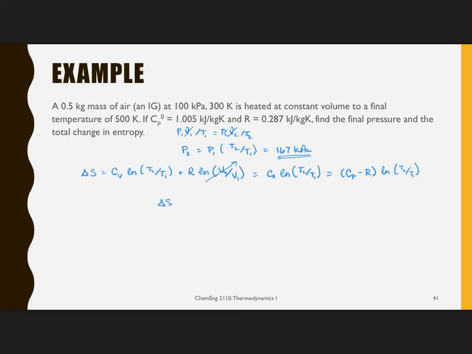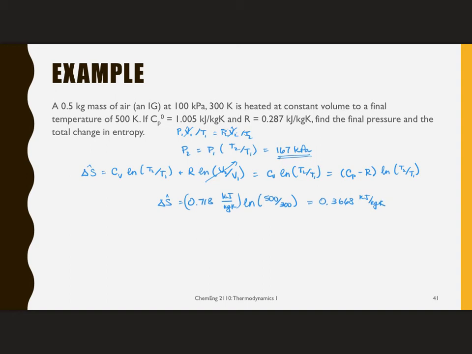Therefore, delta S is 0.718 kilojoules per kilogram Kelvin times the natural log of T2 over T1, both of those in Kelvin, and I get 0.3668 kilojoules per kilogram Kelvin.